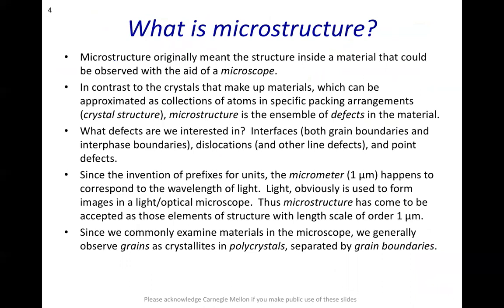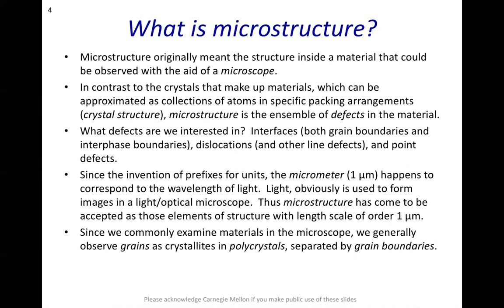So texture is an important part of the microstructure, but we sort of want to step back up and think about what is the overall microstructure? Because in materials, we're trying to always think about the relationship between microstructure, properties, and processing.